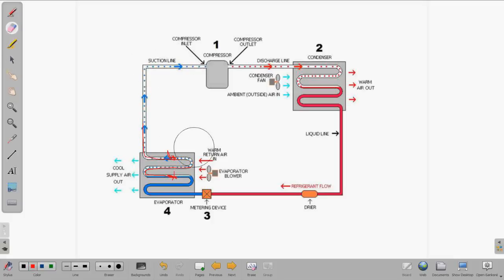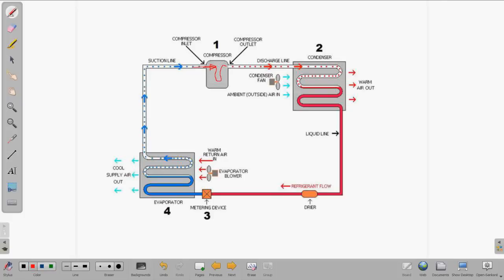Okay, so we do have vapor coming back to the compressor, but it is superheated, and it's not at the proper and designed temperature or pressure, and it still comes back here as vapor, and it gets compressed down into hot gas coming out of the compressor.